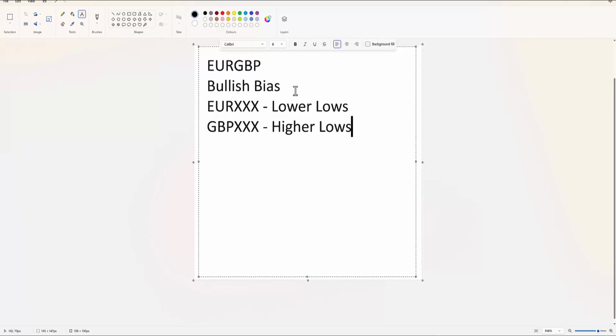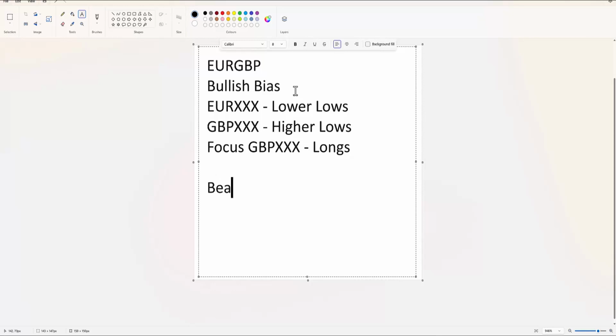That's a clear sign of focusing on GBP pairs for longs. You see, you focus for longs on GBP pairs, right?